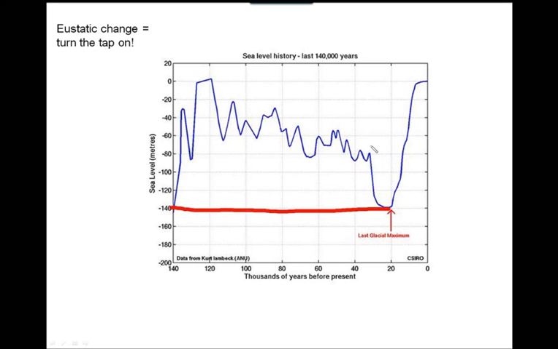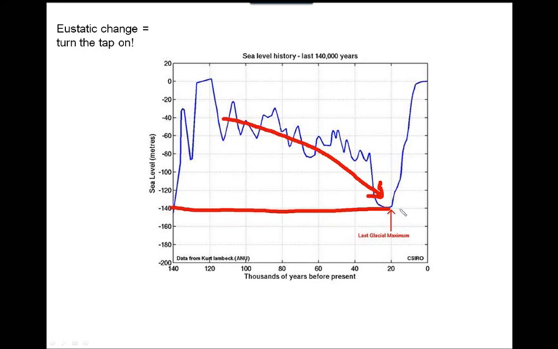Now this is because the planet was in the grip of an ice age, and during an ice age more and more of the global water is stored as ice on land, as ice sheets, and this means there's less and less water that flows back into the ocean. So sea levels basically fall, as you can see on this chart.